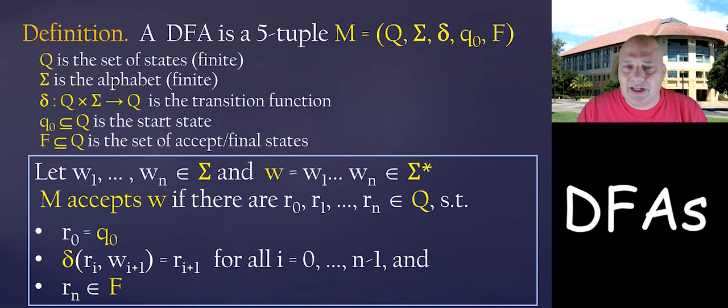R0 is the start state, Rn is one of the accept states, and now we want to say that the computation takes us from R0 to Rn, meaning that delta applied to Ri and Wi+1 gets us to Ri+1 for every i between 0 and n-1. So given any one of these states, when we read the next symbol from the word W, we reach the next state.